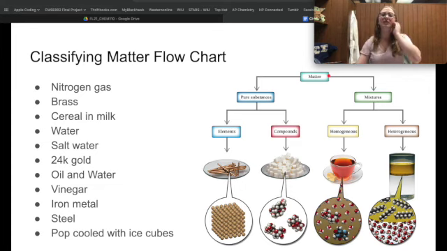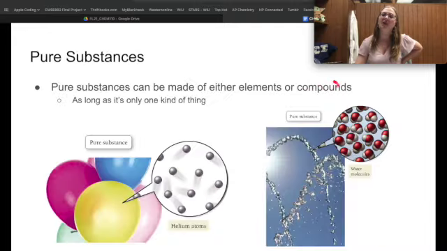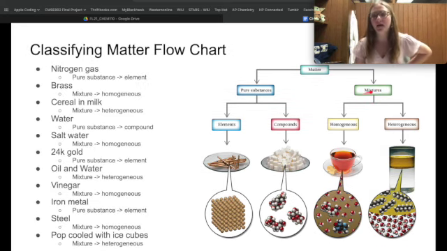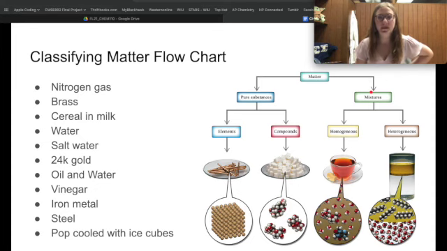So if I'm thinking about how I would classify that, obviously cereal is going to be a mixture. We just talked about that. It's milk and some sort of cereal, in this case, in my head, Cinnamon Toast Crunch. And then from there, I need to decide whether it's homogeneous, mixed the same all the way through, or if it's heterogeneous and I have different things going on.